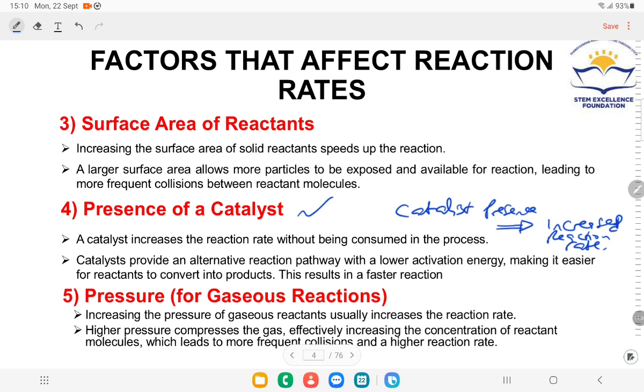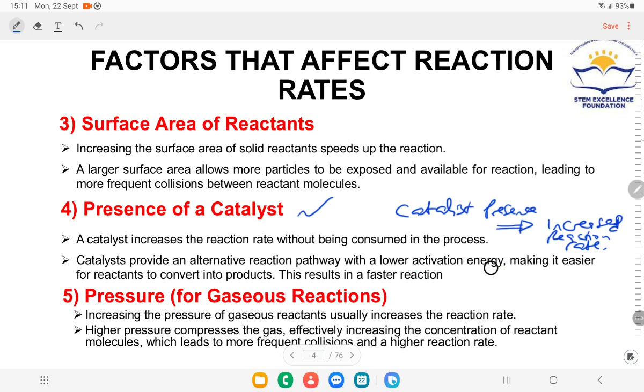So we'll talk about reaction pathways later, but any reaction can proceed in multiple pathways. You can think of it as one pathway has a very high resistance, which means a higher activation energy. And the catalyst is like, wait, you don't have to go through that route. You don't have to pressure yourself.